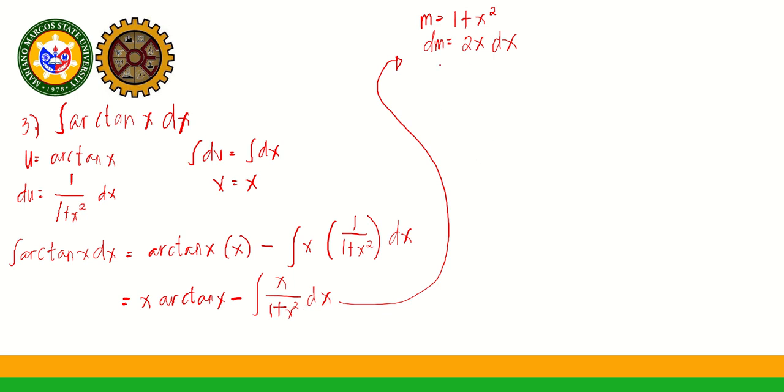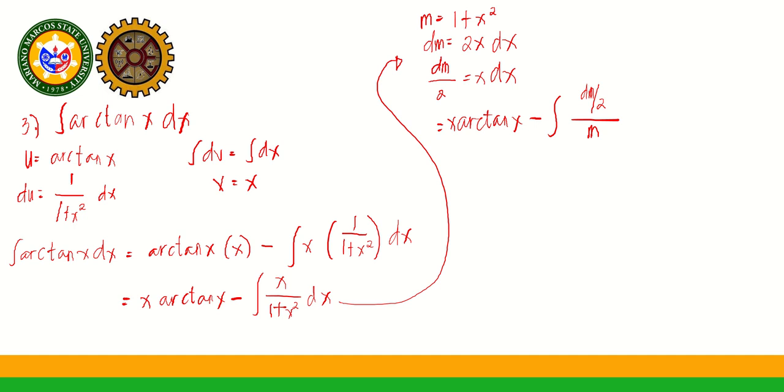So this will be equal to dm over 2, that is x dx. So we can now substitute. So this is equal to x arctan x minus x dx is dm over 2. So this is the integral of dm over 2 over what is 1 plus x squared, that is m.